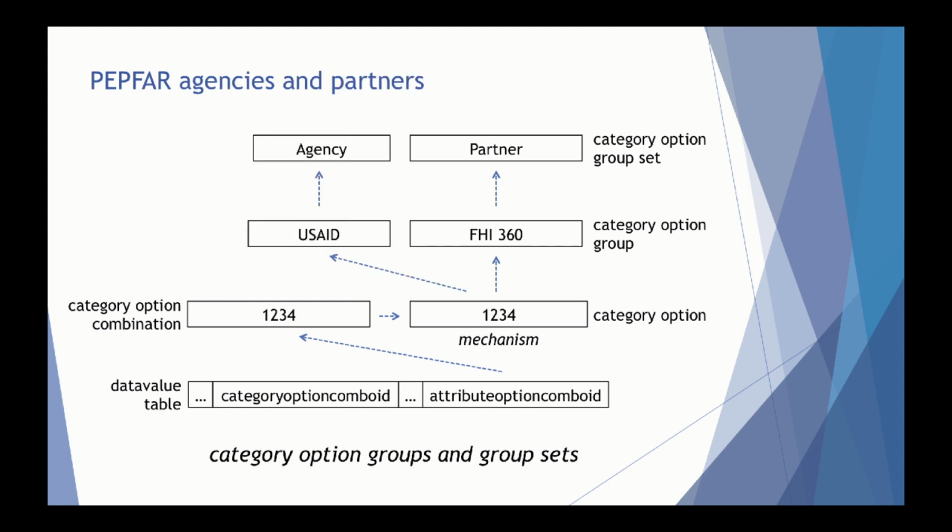We use a different category option group set to model the U.S. government agency overseeing the work on that mechanism. Now, it turns out that a partner may have one mechanism with one U.S. government agency, such as USAID, and might have a different mechanism associated with a different U.S. government agency. So, again, the mechanism uniquely determines the partner and the agency that are allowed to see that mechanism.